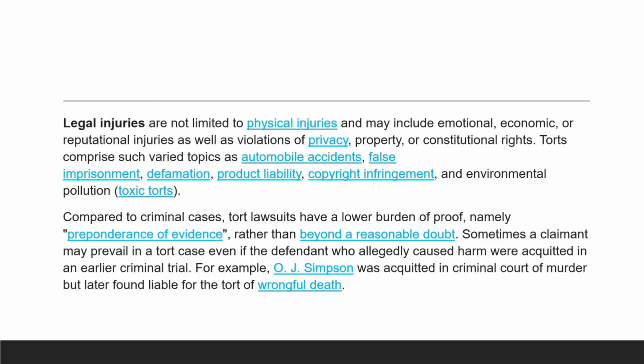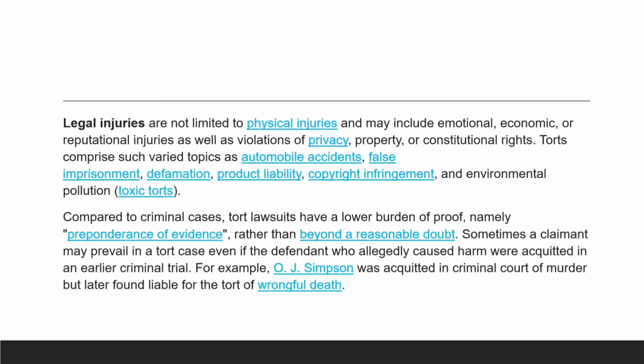Torts comprise such varied topics as automobile accidents, false imprisonment, defamation, product liability, copyright infringement, and environmental pollution, or toxic torts. Compared to criminal cases, tort lawsuits have a lower burden of proof, namely preponderance of evidence rather than beyond a reasonable doubt.